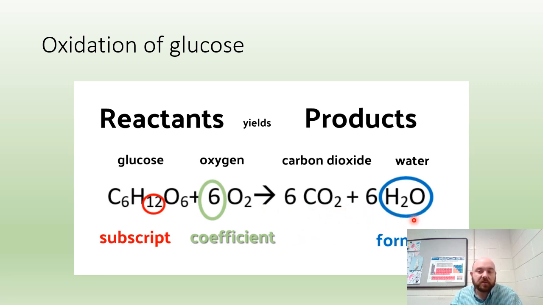On our product side, we see the same coefficients as well as some chemical formulas. So in the oxidation of glucose, we see the resulting products are 6 molecules of carbon dioxide as well as 6 molecules of water. And again, everything on this side, everything that is produced, we call the products.